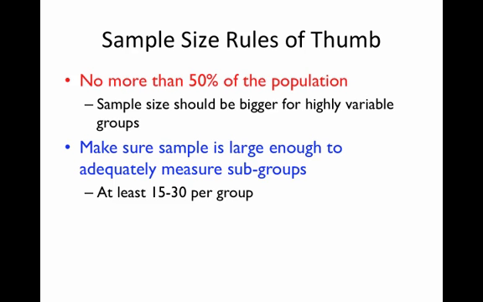If your entire population is only 100 individuals, it's very feasible to actually go out and survey or test all 100 people. If your entire population is 30,000, then no, it's not feasible or practical to test all 30,000 people. But again, we need to make sure that our sample size is large enough so that we have anywhere from 15 to 30 per group.